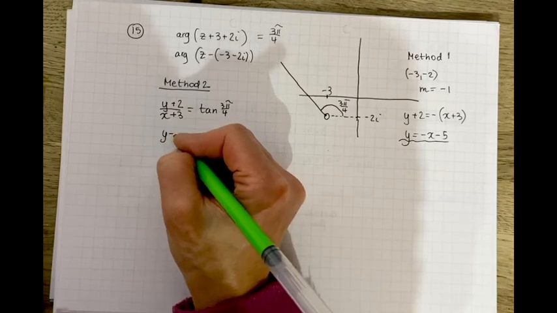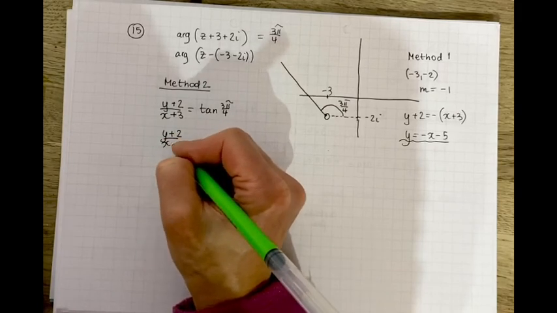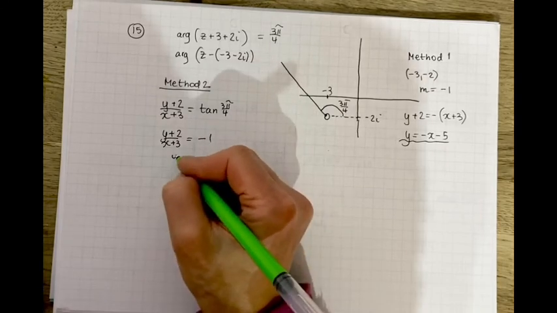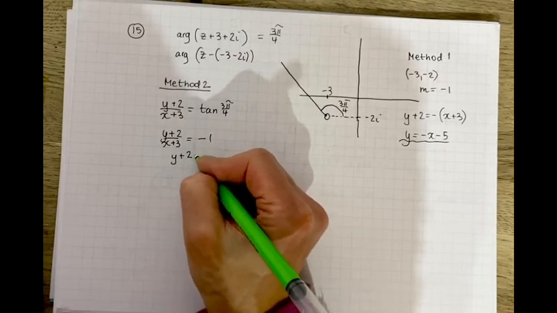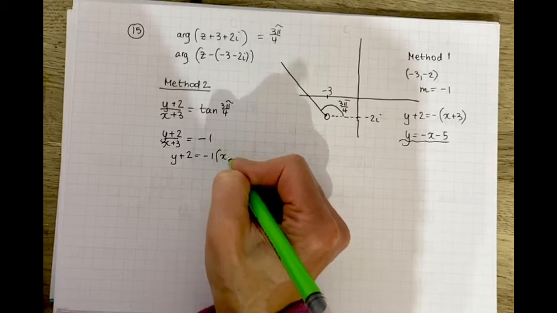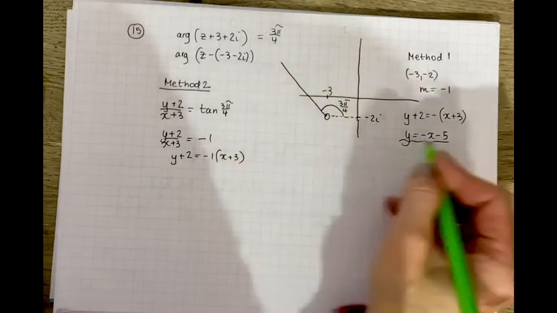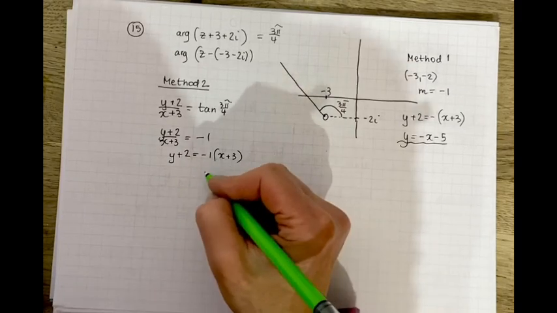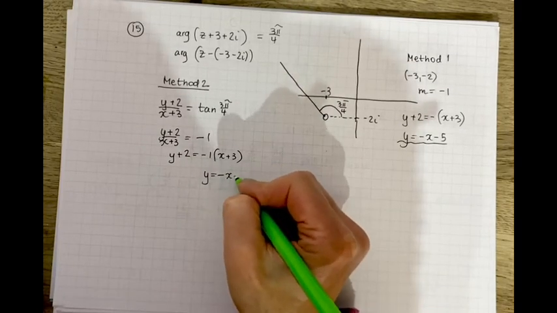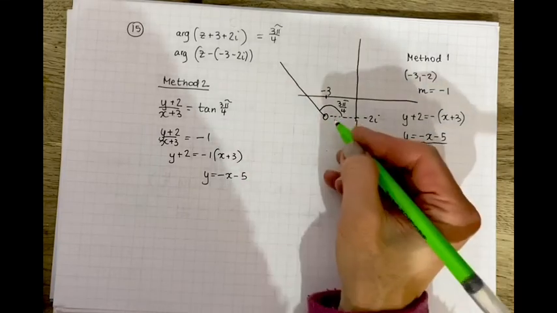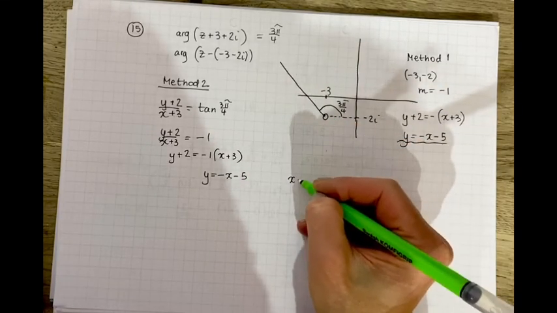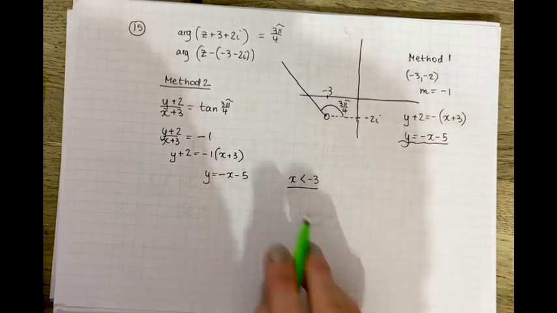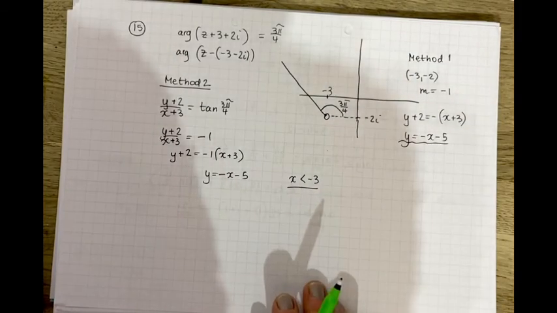So it's y plus 2 over x plus 3 is equal to minus 1, and we get the equation of the line exactly the same as before. So you can rearrange it to give us y equals minus x minus 5. However, this gives you the whole line, so we need to restrict the domain. So x is less than minus 3. That gives me the restriction on the domain.